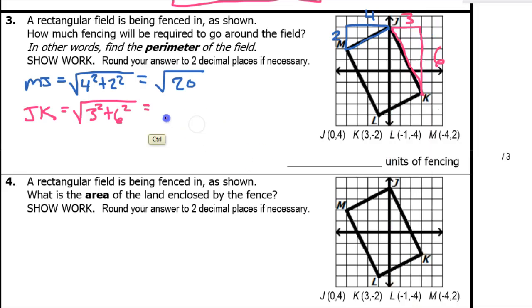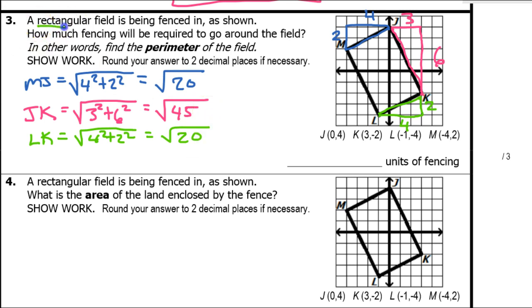That's 45, so that's going to be the square root of 45. Next let's find the length of LK. Let's make a right triangle out of that. The horizontal length is 4, and the vertical length is 2. So that's going to be the square root of 4 squared plus 2 squared, and we already saw that that's going to be the square root of 20.